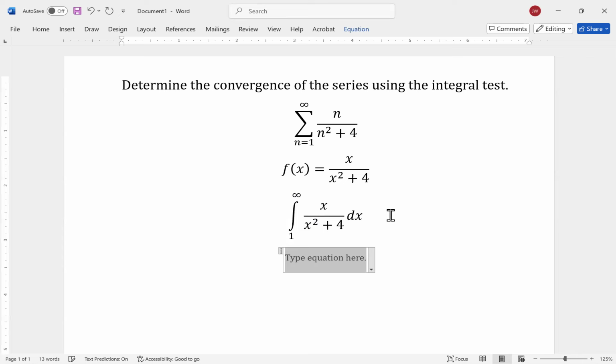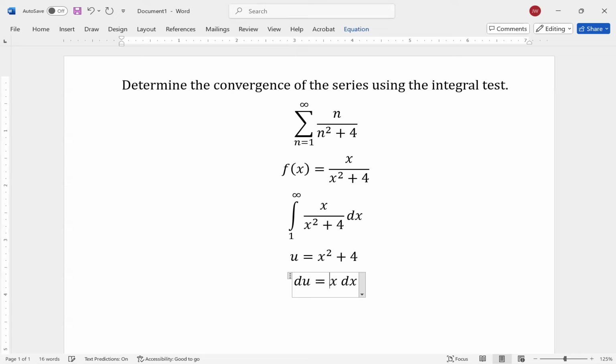By hand causes us to use a u substitution. u would be equal to x squared plus 4. And then my differential exchange, derivative of u with respect to x, would be 2x. That means my differential du would equal 2x dx.